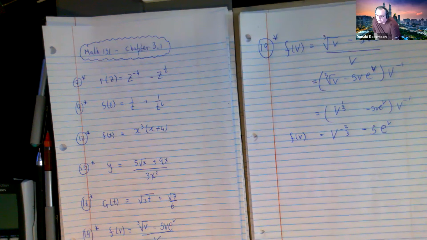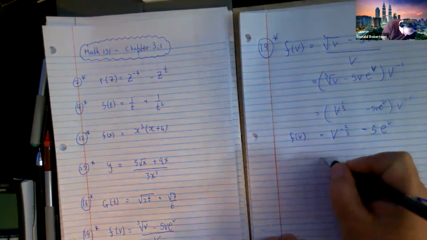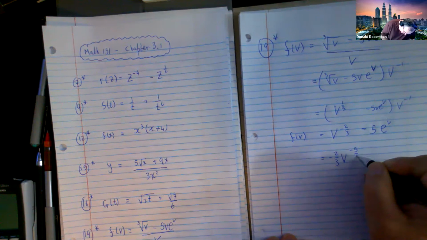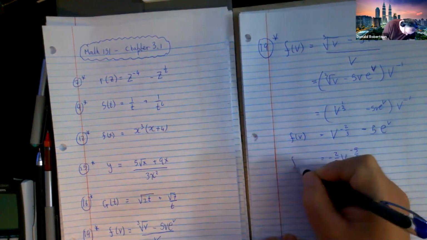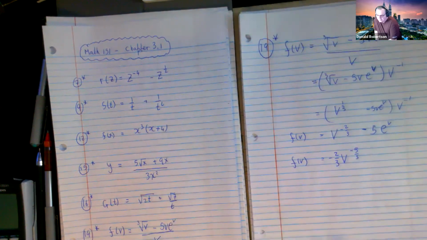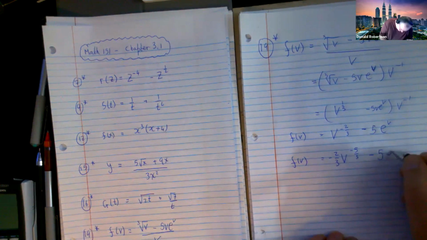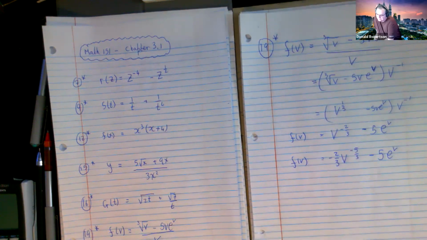We've now written it down in a way that we can do the power rule. So multiply by the power and then reduce the power by 1. And my friend, the exponential function. If you differentiate negative 5 e to the V, you get negative 5 e to the V. Agreed?